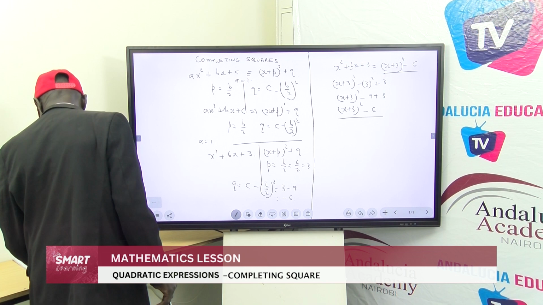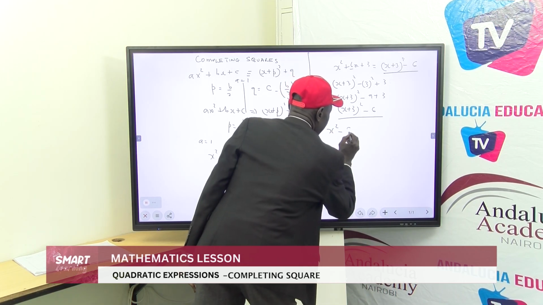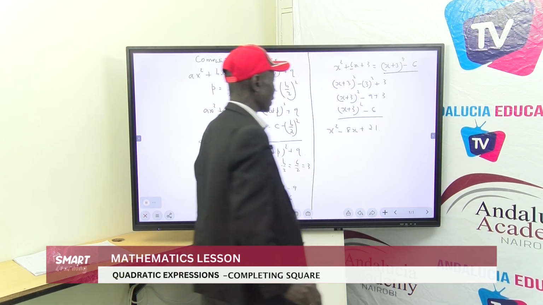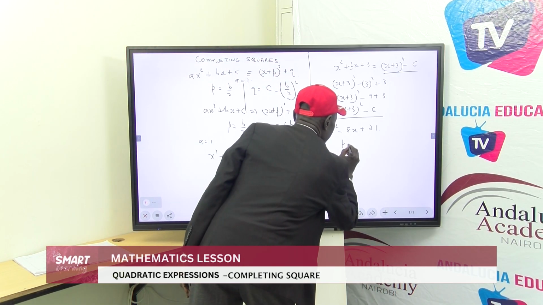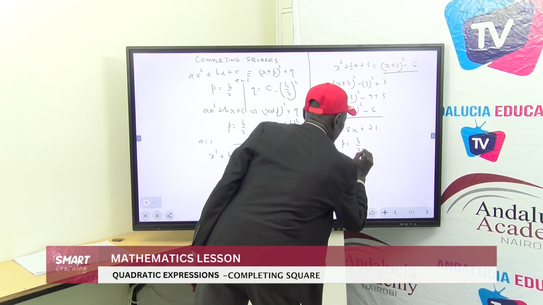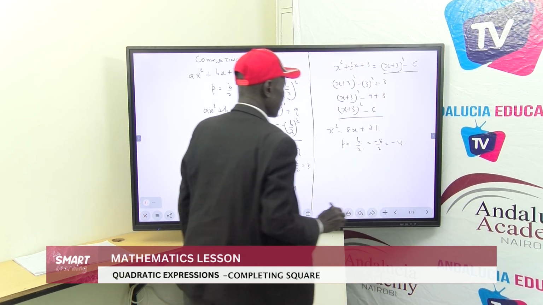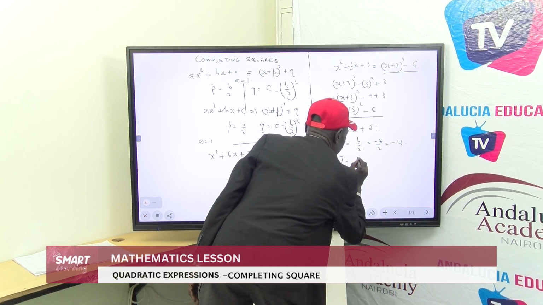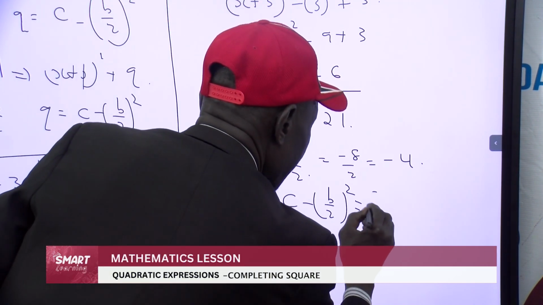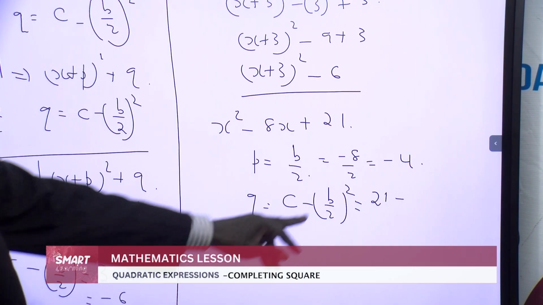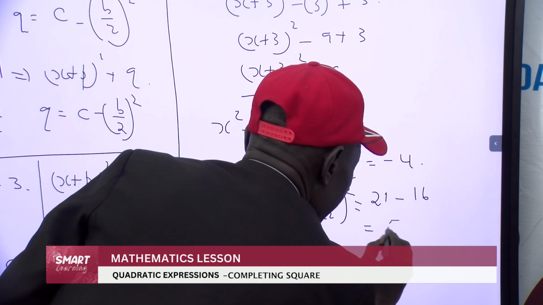Now, let's get another example. Here I have x squared minus 8x plus 21. So, if I use the formula, my p is going to be equal to b over 2, which is negative 8 over 2, which is negative 4. And my q equals c minus b over 2 squared, which will be 21 minus, now 4 squared is 16, so subtract 16, this will give me 5.